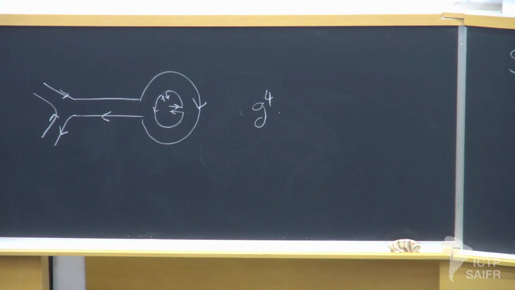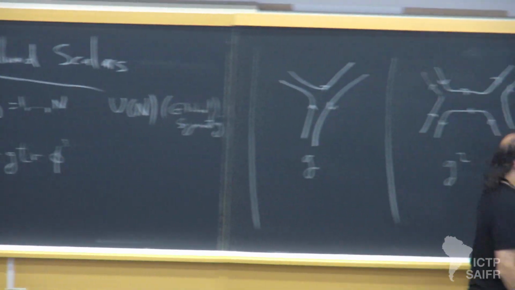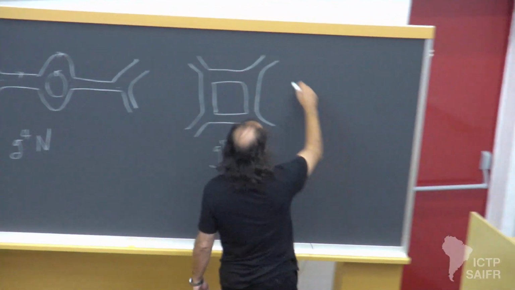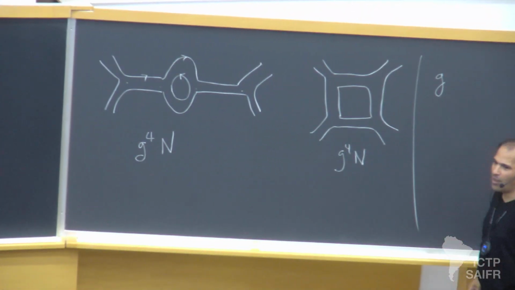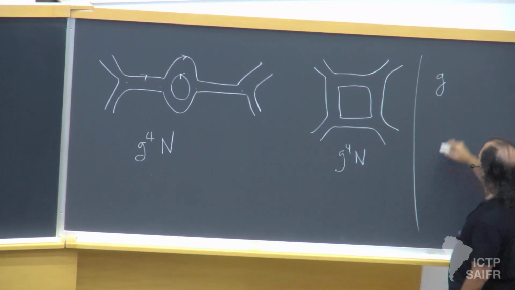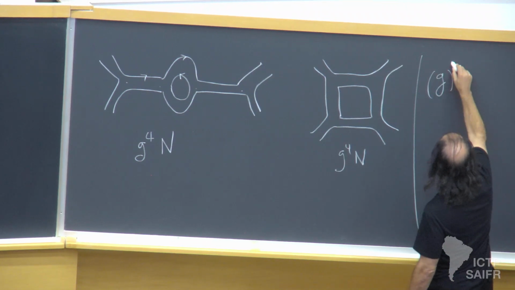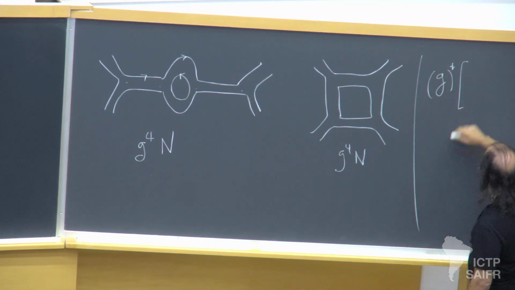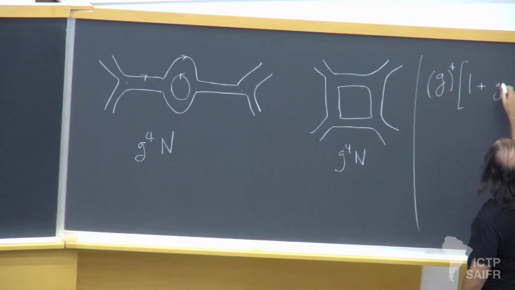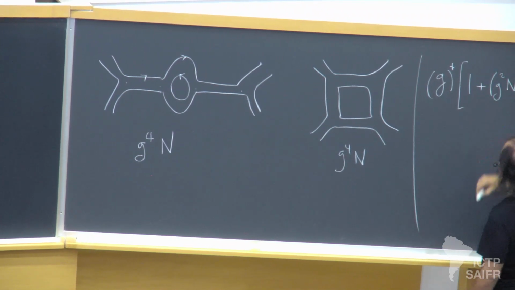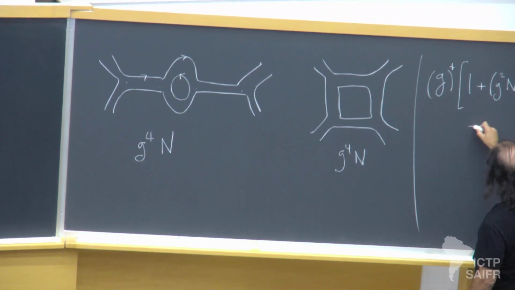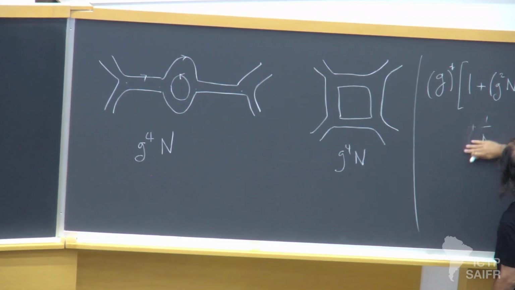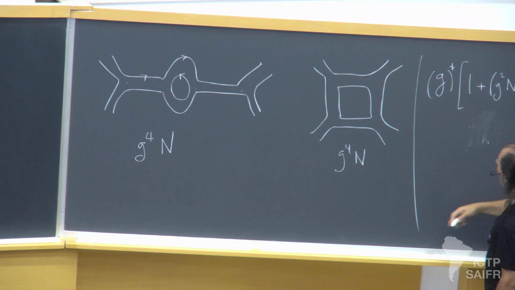Right? So that's the 't Hooft topological expansion. All the amplitudes have some overall power of g out in front, so g to some power, which depends on the number of external particles, but the rest is an expansion in the 't Hooft coupling, g squared n. And then you can have these other trace factors.